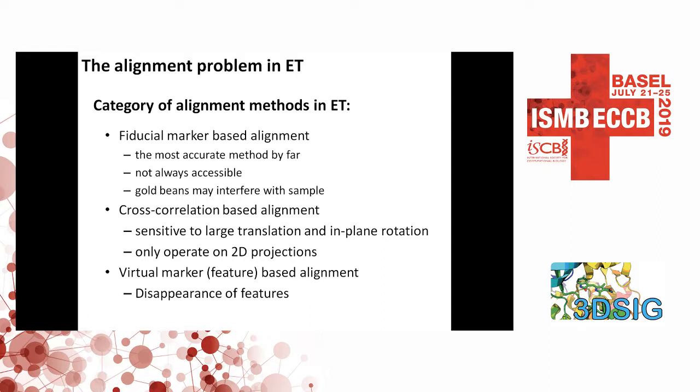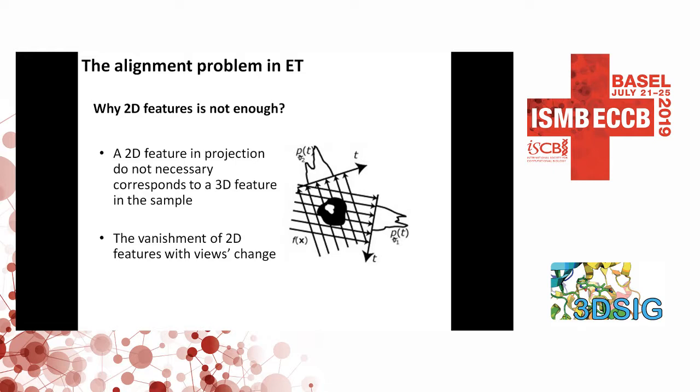Otherwise, we use the structures inside the samples to make cross-correlation of the projections, and then we try to calibrate the parameters. Last, we may make some virtual markers, which is related to both cross-correlation and fiducial markers.